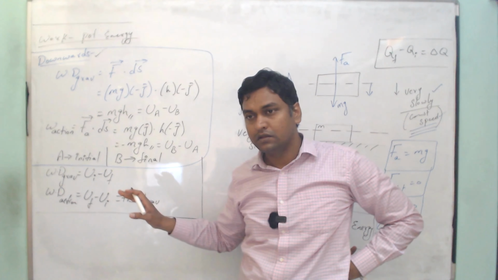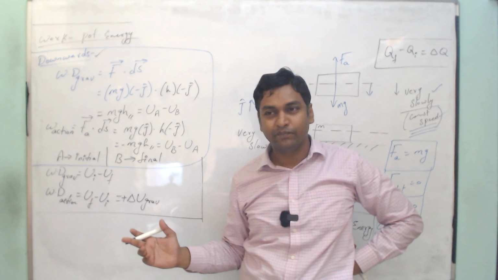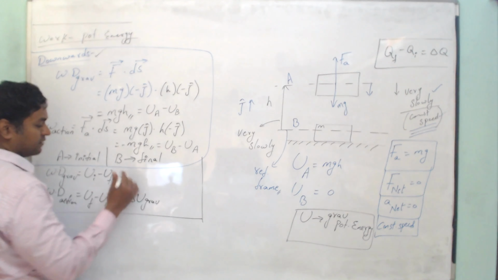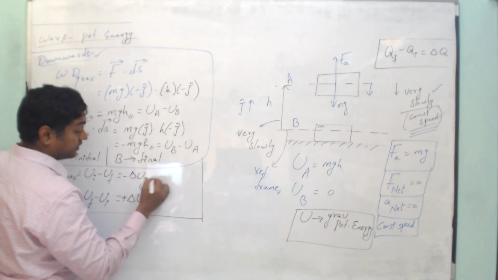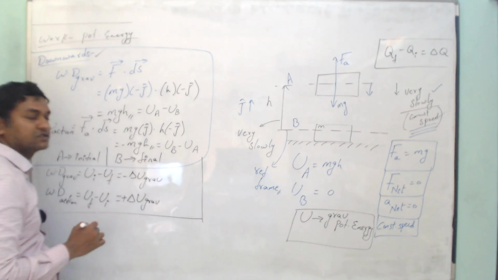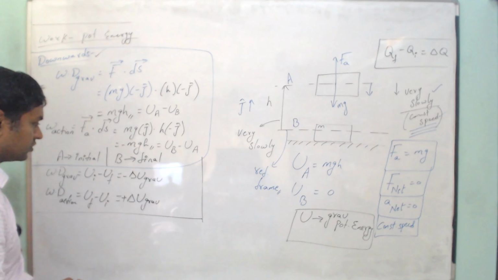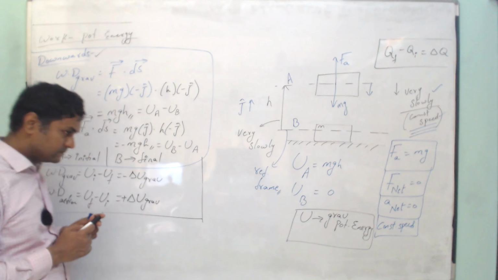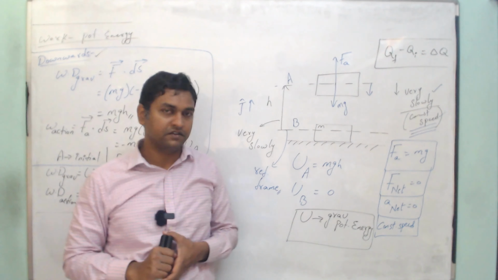Like you're writing a general statement. A general statement I am making. Similarly, in the above one, it will be minus delta gravitational potential energy. Now, understand this very carefully.